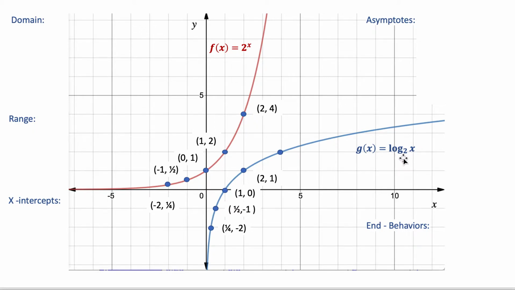So g of x is log base 2 of x. And if we draw the line y equals x, we see geometrically that the exponential function f of x is symmetric with respect to y equals x to the log function g of x, log base 2 of x.